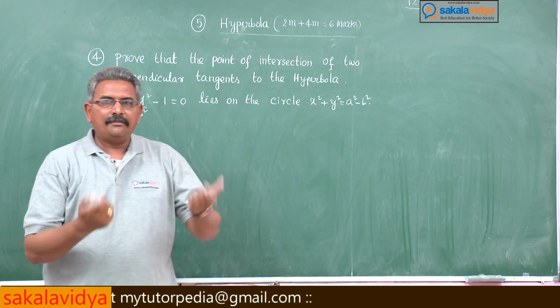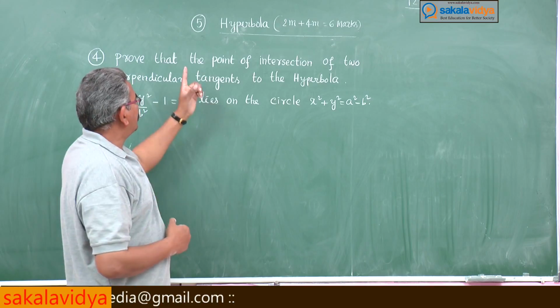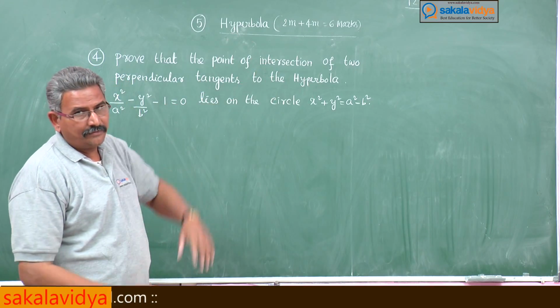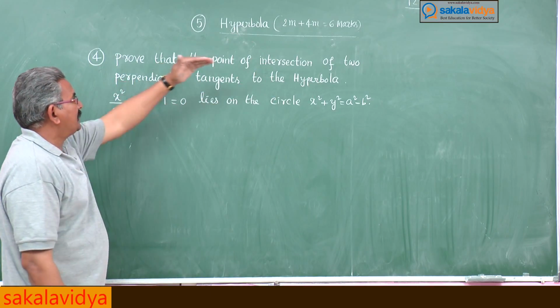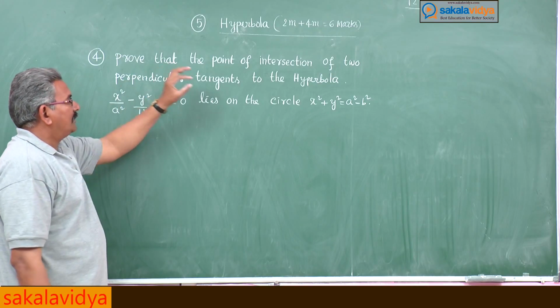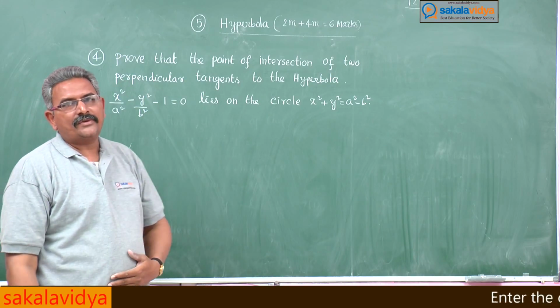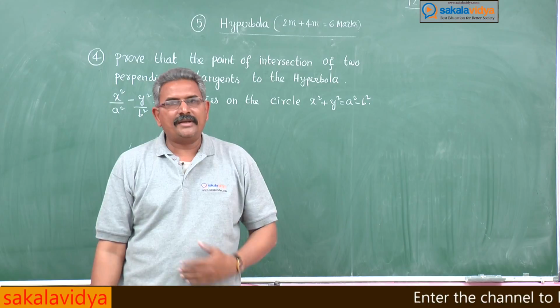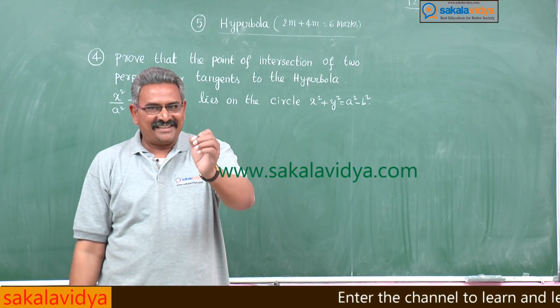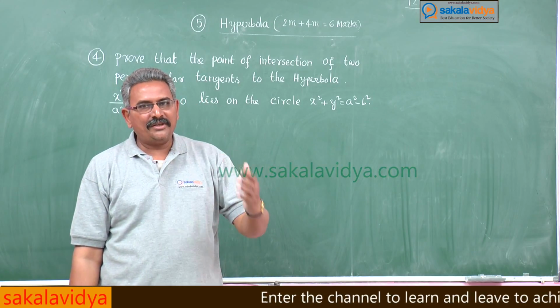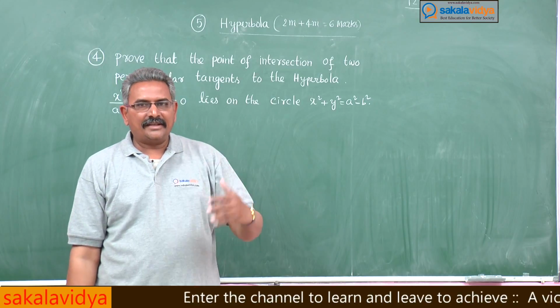The same problem can be stated like this. The locus of the point of intersection of two perpendicular tangents to the hyperbola is x square plus y square is equal to a square minus b square. That is called the director circle. So, what do we define as the director circle for a hyperbola?